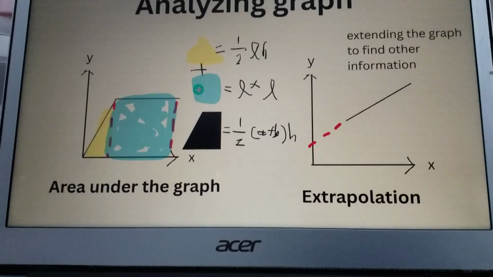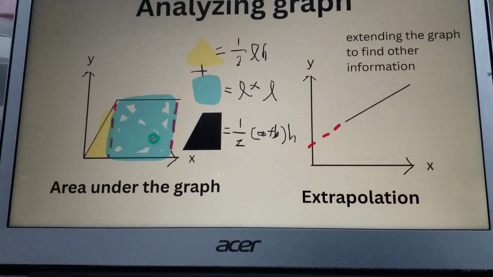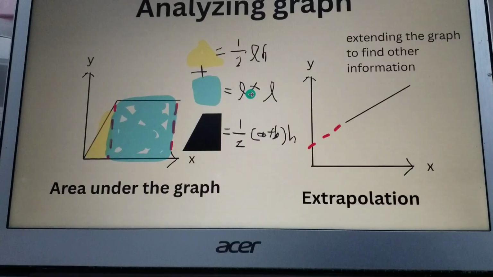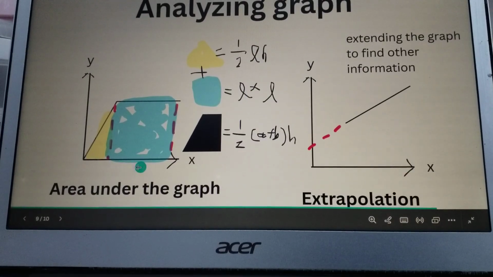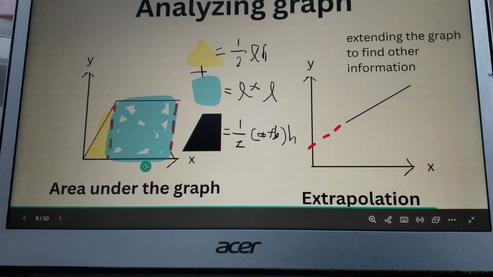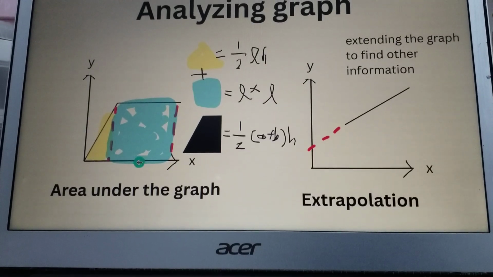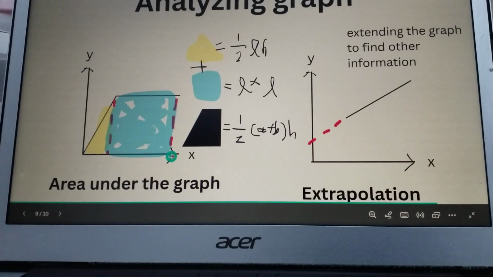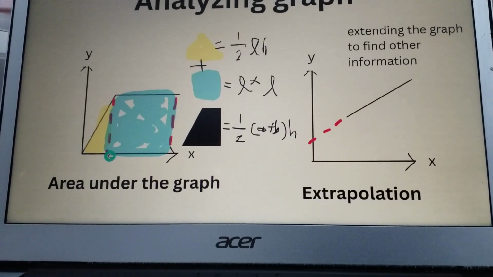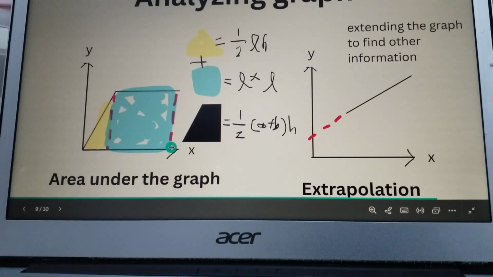And then we find the area of the quadrilateral, and the formula is length times length. So we determine the value here and the value here. Here, we can follow the y-axis, while over here, we need to use this value minus this value, and then we'll get the length here.